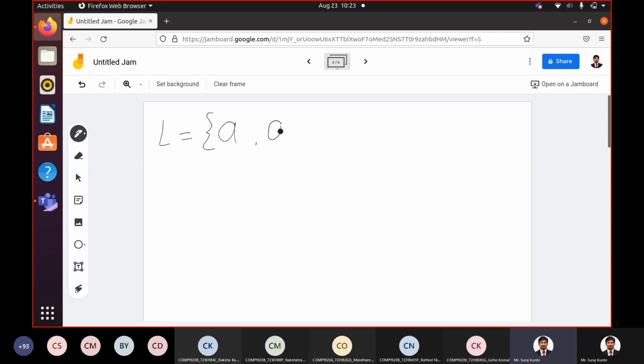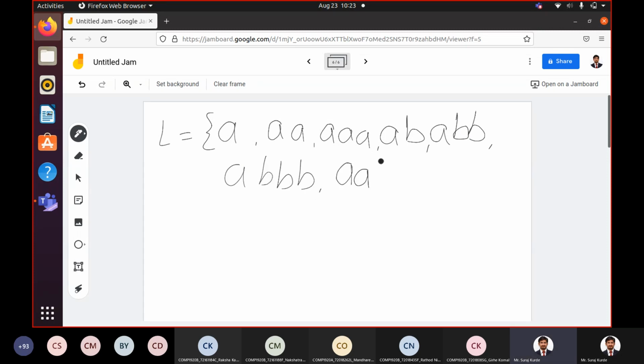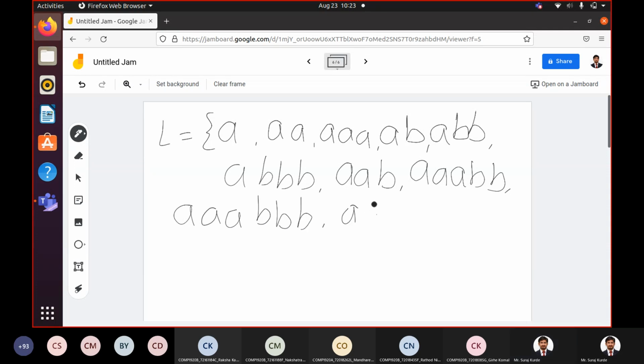Let me write some more examples. Language L consists of strings like this: A, double A, three times A, then AB, A double B, A three times B, or double A, B, three times A, B, B, A, and so on.